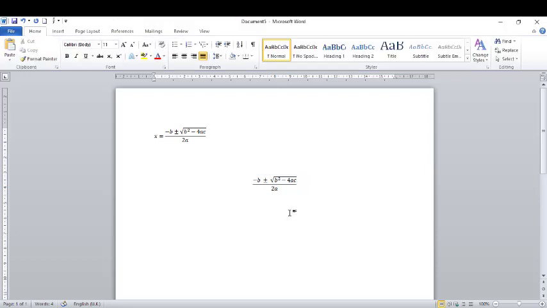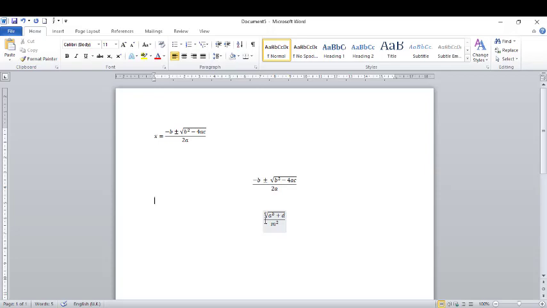Okay, let's assume I want to create this particular equation. How do I go about it? First, I need to understand the structure. I have 3 structures here.